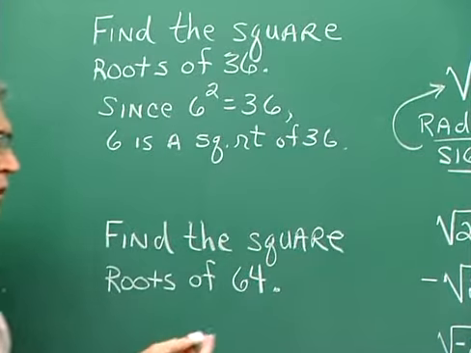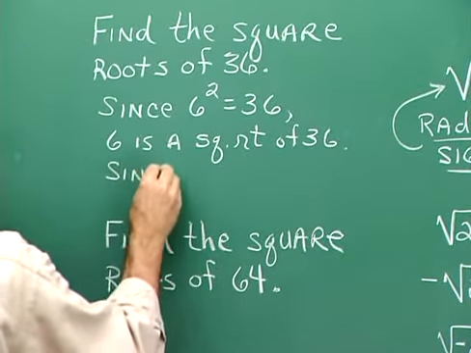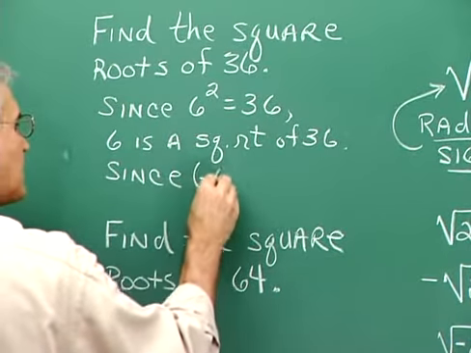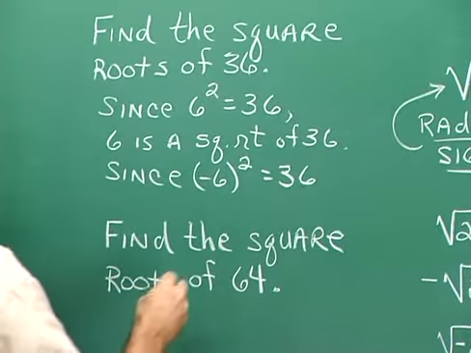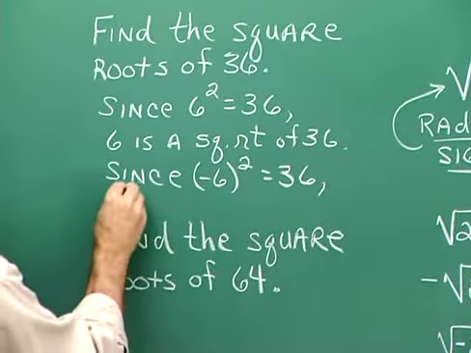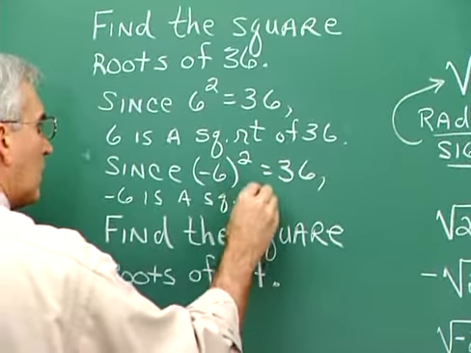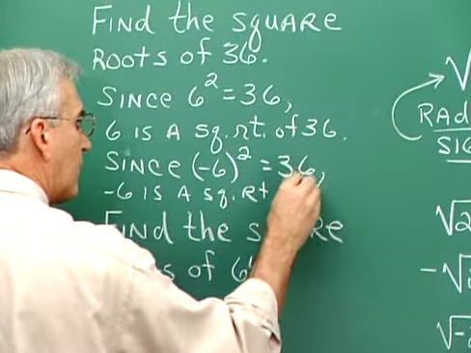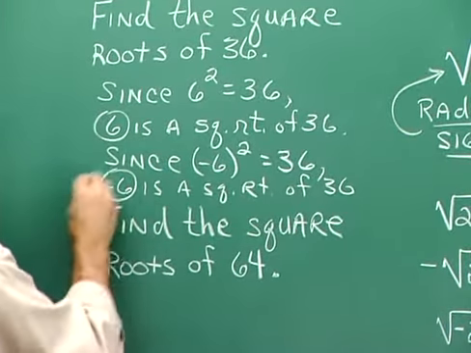That's what we're thinking. But it's also the case that negative 6 squared is 36. So negative 6 is also a square root of 36. So the two square roots of 36 are 6 and negative 6.